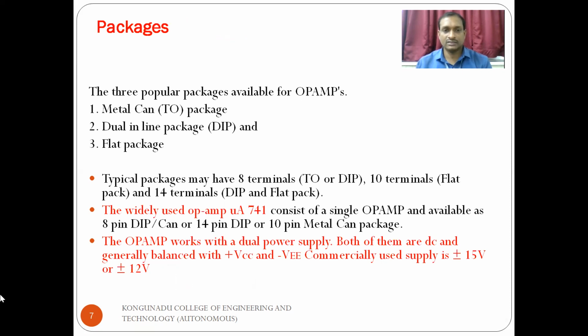For example, 8 terminal TO or DIP type packages are available, a 10 terminal flat package is also available, and a 14 terminal DIP or flat package is also available. Commonly we have 8 terminal, 10 terminal, and 14 terminal op-amps. The popular IC 741 consists of a single op-amp and is available as an 8 pin DIP or can package, a 14 pin DIP, or a 10 pin metal can package.